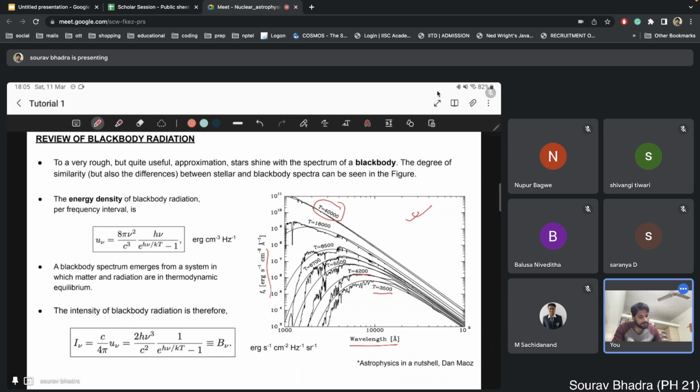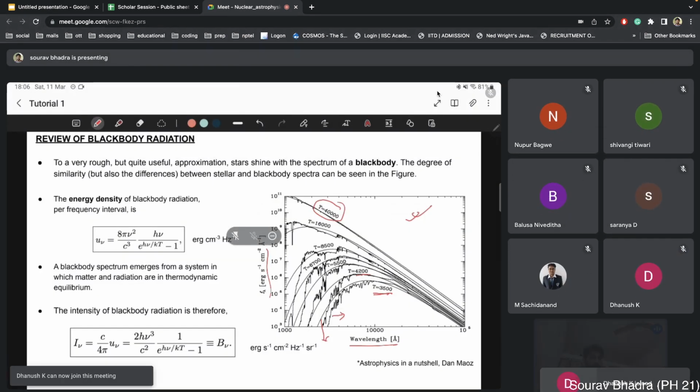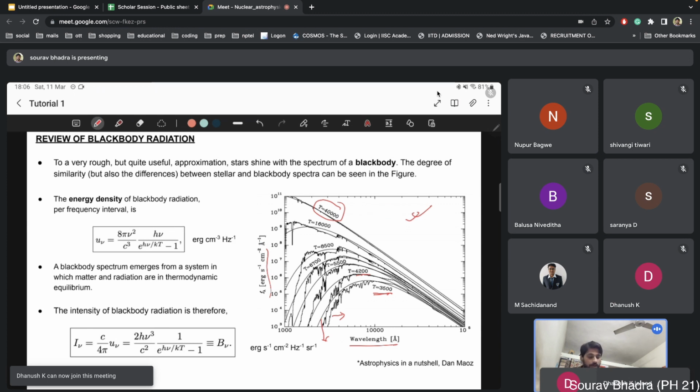The curve which is not continuous, which has this type of structure, is the spectrum of a particular star which has a temperature of 3500 degrees. The continuous curve is the spectrum of a black body at that same temperature, for the first curve 3500.